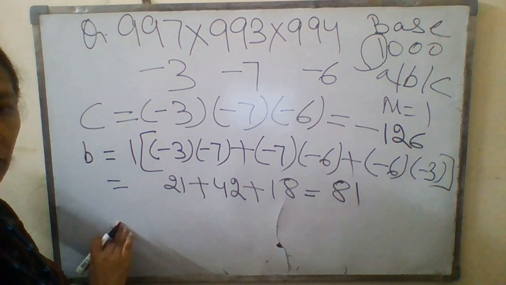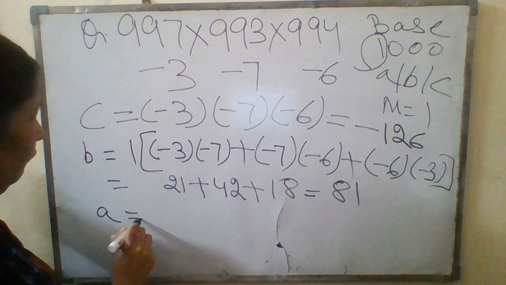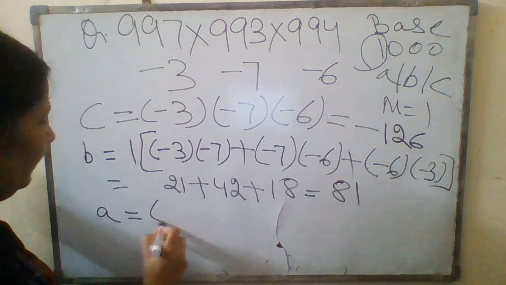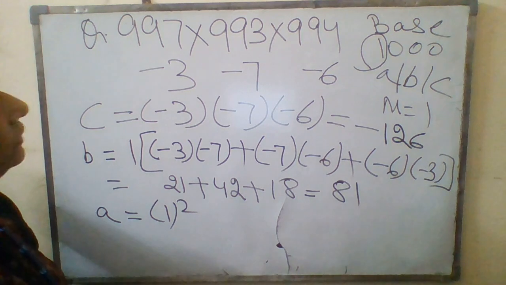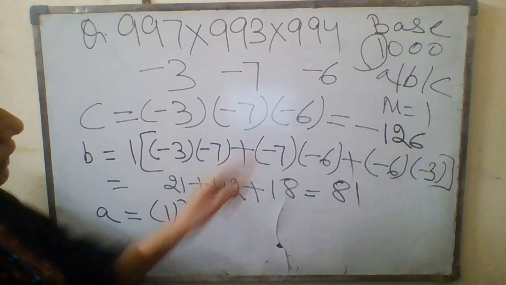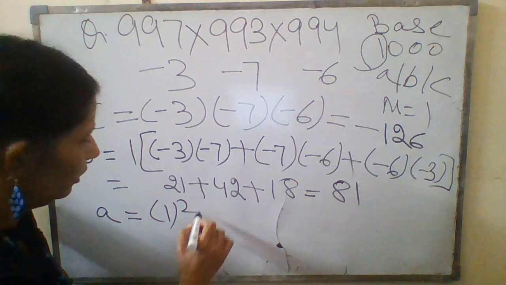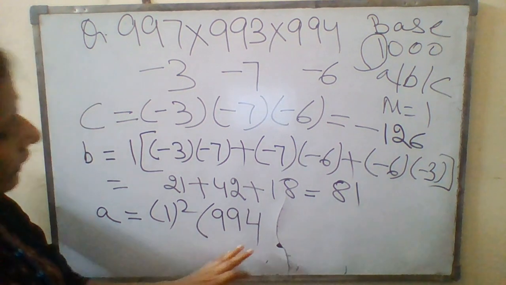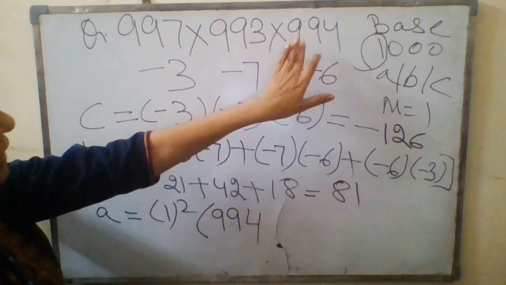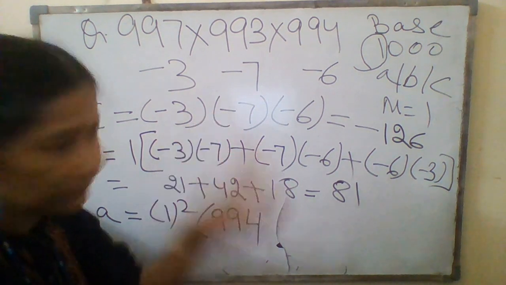Now you have to find out the value of A. To find out the value of A, you know what is the multiplier? 1. So square of 1, then you see what I am going to do now. Again, I am going to take this last number. Okay. So in bracket 994. Why have I taken this 994? Because this will make my calculations easy.